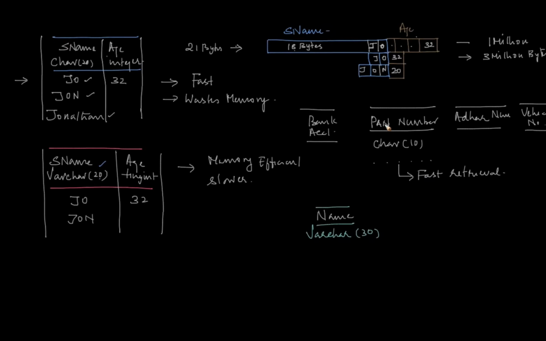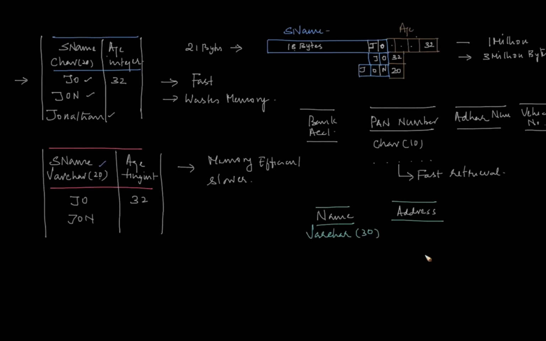They will ask for your PAN number or account number, and based on that data retrieval will be done, so this will be fast. For name we don't have an option, because everybody will not have the same number of characters. Name, then maybe address, things like this, which will be different for different people, there we will go for varchar.